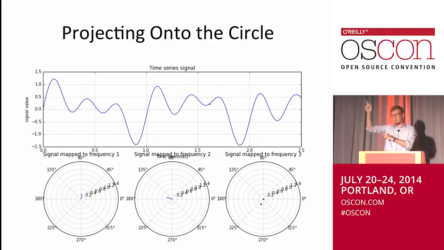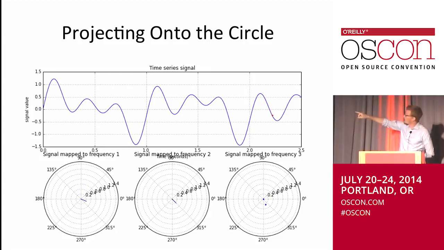So the point is rotating around the circle in each of these 3 bottom plots at the same rate. But for each measurement, I'm changing how long the clock arm is, so to speak. Okay? So you can see that when the measurement is very high, the clock arm is long. When the measurement is near 0, the clock arm is at the very center of the graph. And in fact, when the measurement is negative, the clock hand switches directions.